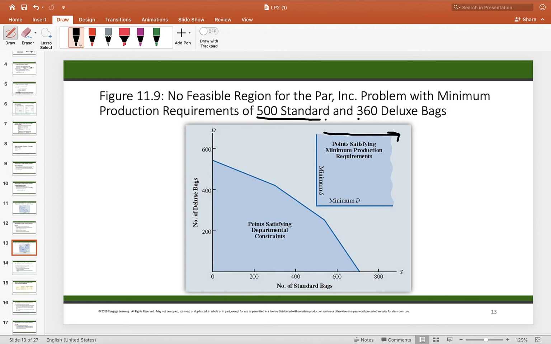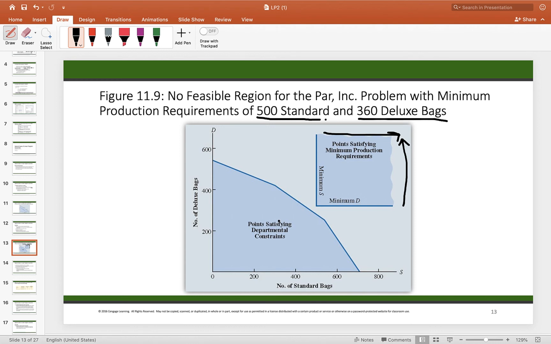And the minimum of deluxe bags you want, and deluxe up here, is 360. So it's going up here. So that gives you this region. And you can see these are the previous constraints that we had. The 2 new constraints and the previous constraints don't match up to give you a single feasible region. So there's no one place where all the constraints are met.